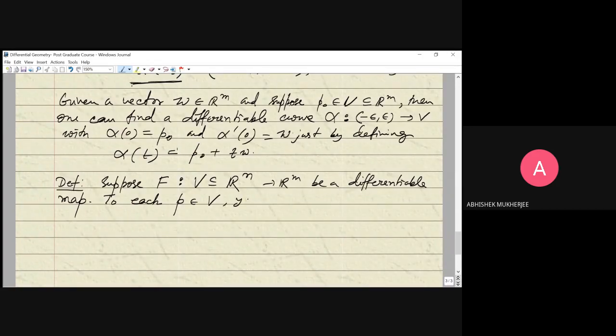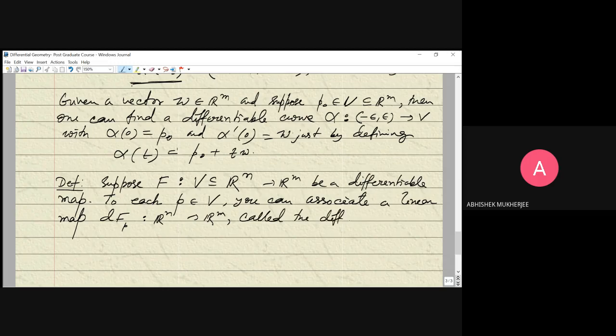So for each P, you can associate a linear map, which has been denoted by dFp, from Rn to Rm, called the differential.